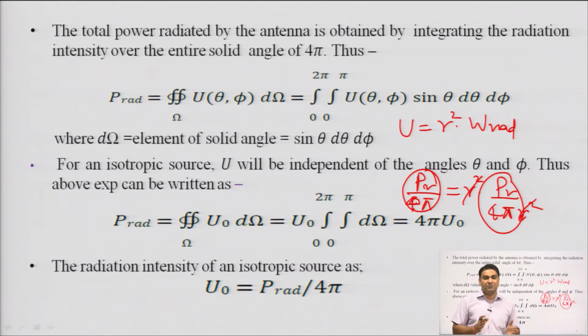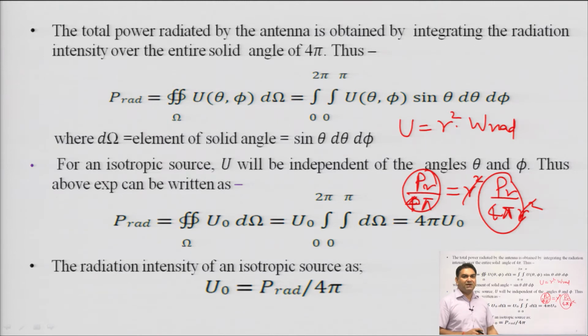For an isotropic source, the definition of an isotropic radiator is that it distributes its whole radiated power uniformly. It means in all directions the complete radiated power is distributed uniformly by an isotropic radiator.